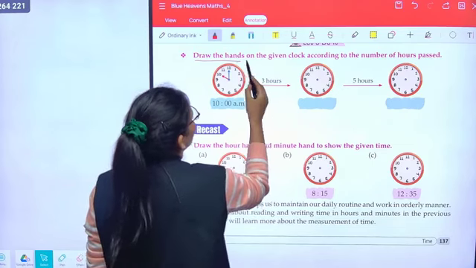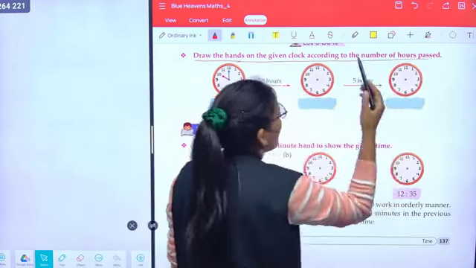Draw the hands on the given clock according to the number of hours passed.